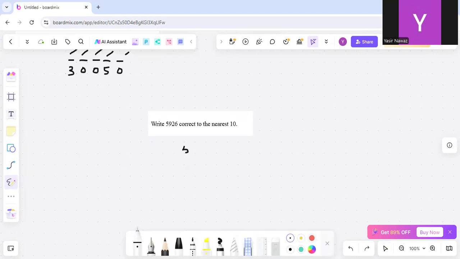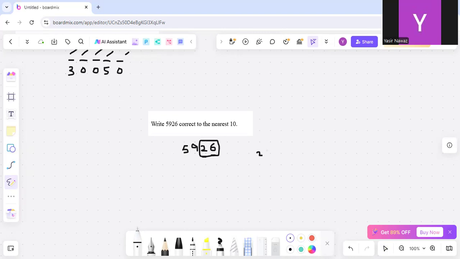So it's 5926. Nearest 10 means that we look at the last two digits. So these two, this is the 26.